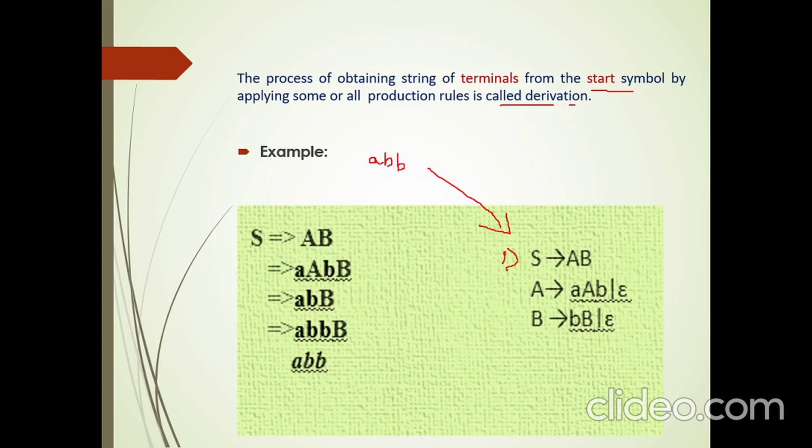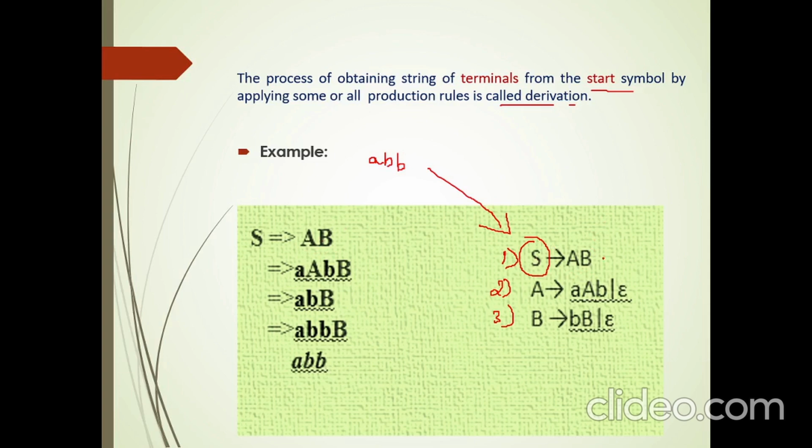For this grammar, there are three rules, and the start symbol is S. Whenever a grammar is given to you, identify the start symbol and then go ahead with the derivation. For S we have only one rule, so there is no confusion in starting. Let's go with S gives AB.